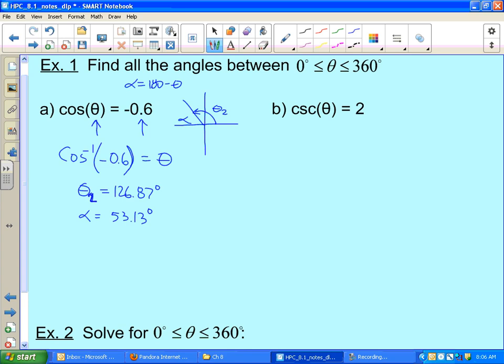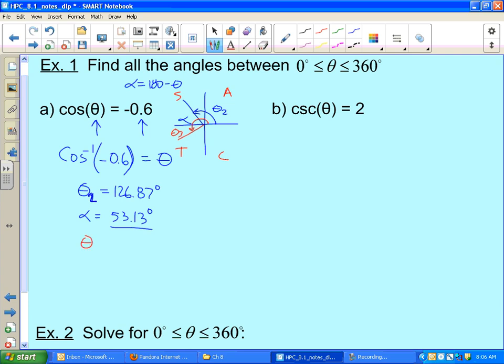So now that I have this alpha 53.1, I'm going to apply that alpha in the other location where cosine is negative. Remembering All Students Take Calculus, there's my other location, which means this is my alpha, or we'll call it theta 3 because we're in quadrant 3. That's my other angle that I'm interested in.